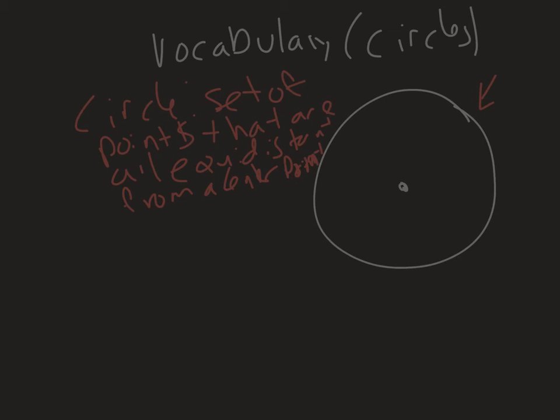If we think about a point on the circle, this point would be the same distance away from the center point as this one over here, or this one over here, or this one over here. All these points are equidistant from a singular center point.